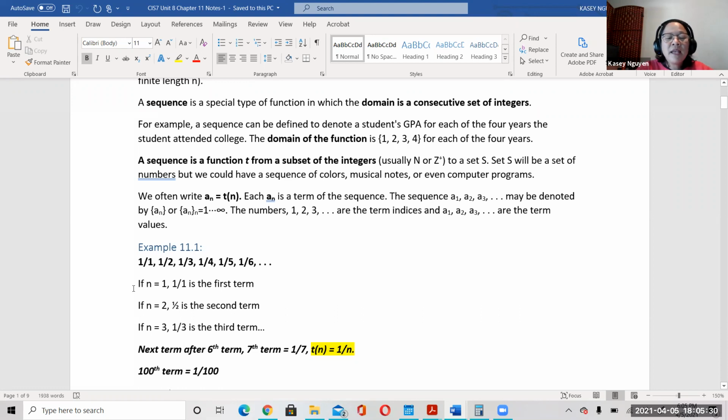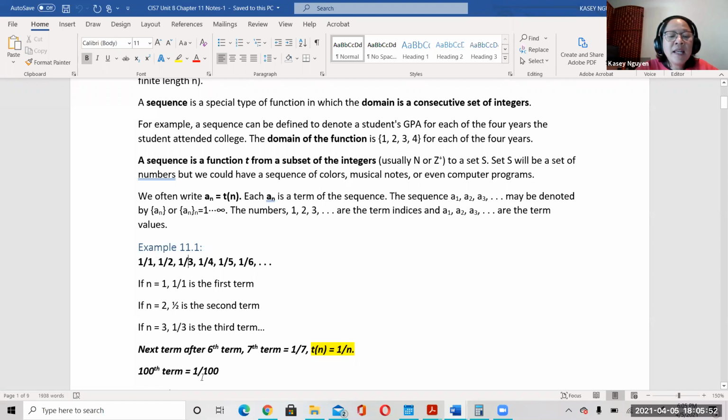So we would say if n is equal to 1, then we have 1 over 1 for the first term. Then we can try for the second term. When n is equal to 2, we would have 1 over 2 for the second term. When n is equal to 3, we have 1 over 3 for the third term, and so on.